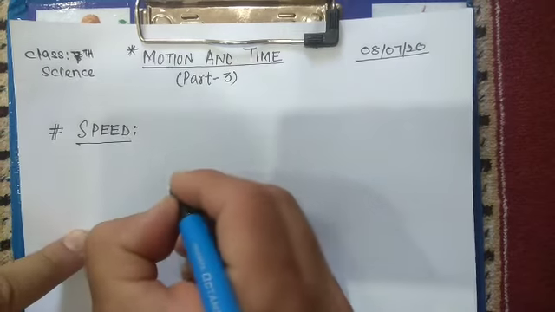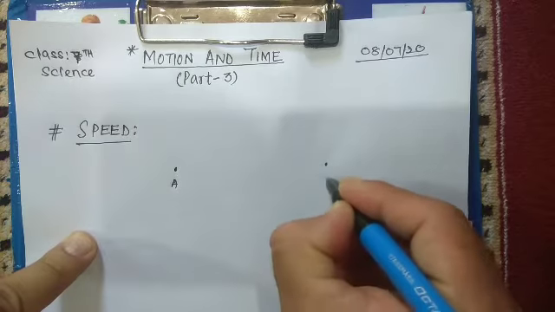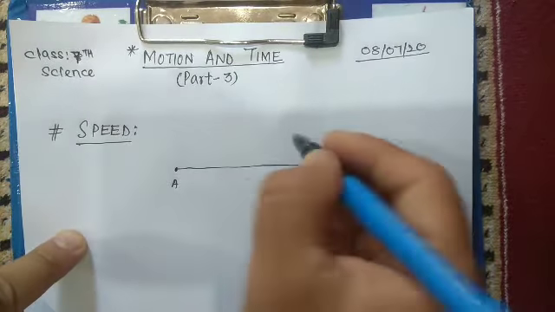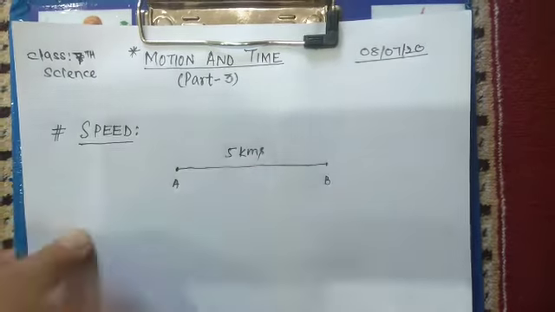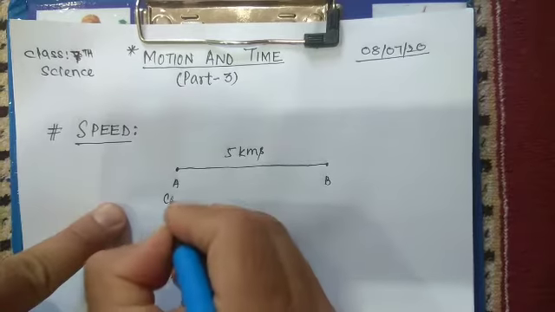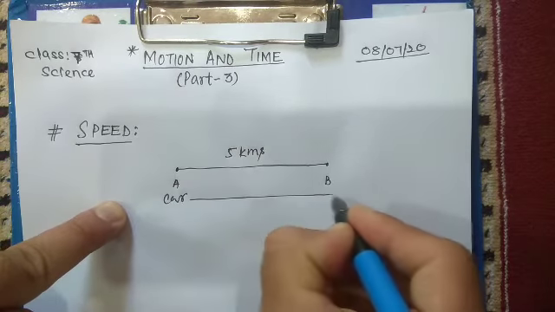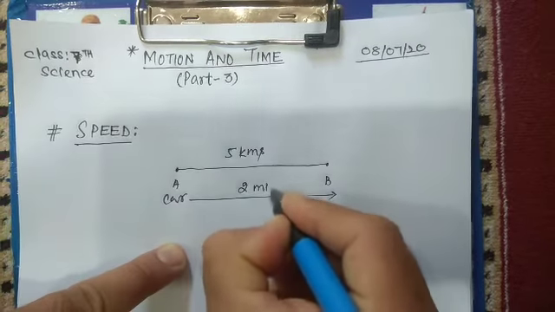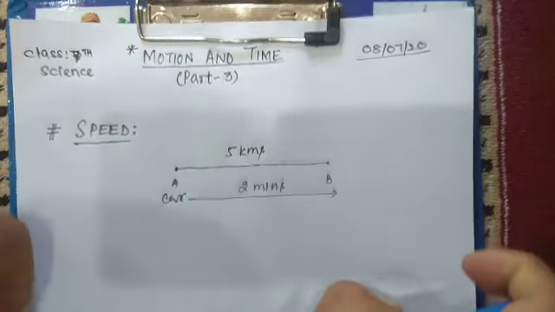Say for example, this is point A and this is point B. The distance between these points is, say, 5 kilometers. Now a car leaves from point A and reaches point B. It takes 2 minutes to cover this 5 kilometer distance.